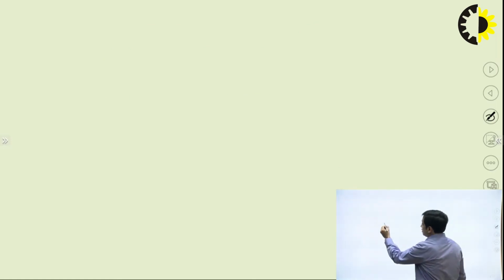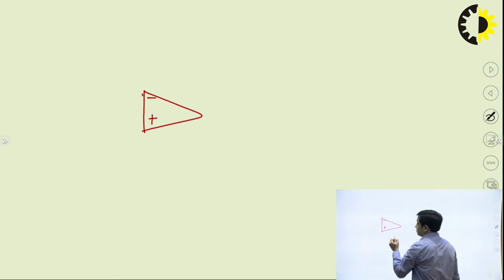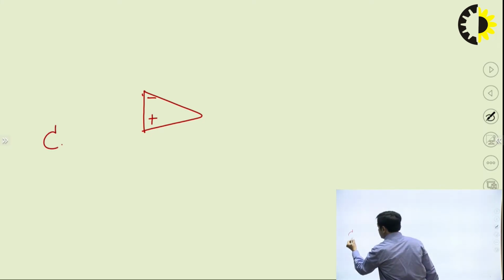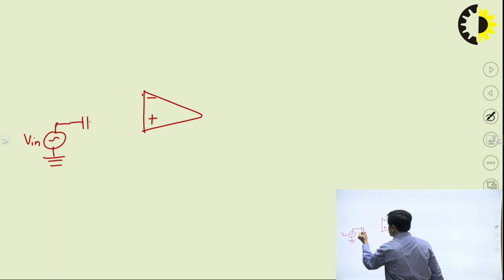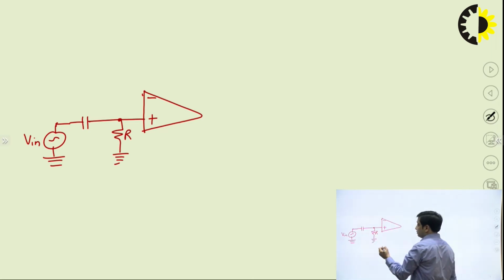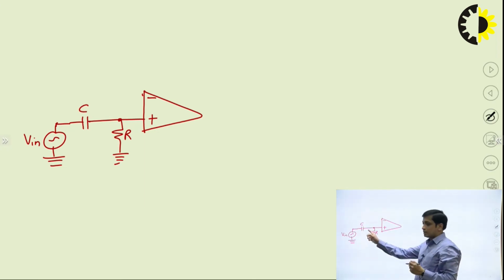Obviously it is an active filter, so we are taking this op-amp here, and to draw the first order high pass filter, the input signal Vin is given to this capacitor C, and there is a resistor R connected between the non-inverting terminal and ground. Since this is one RC section, it's a first order high pass.